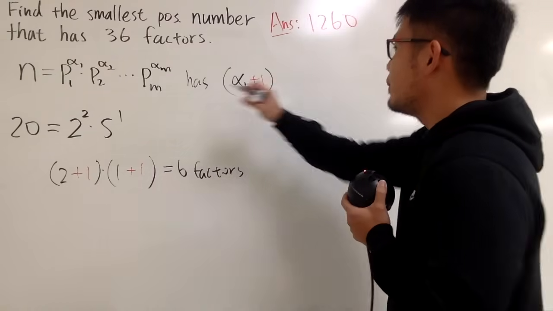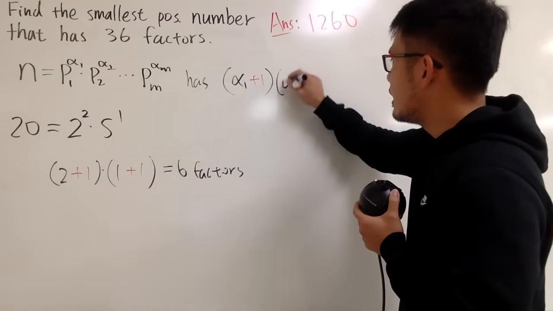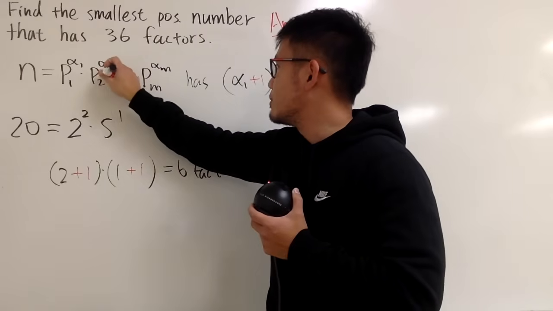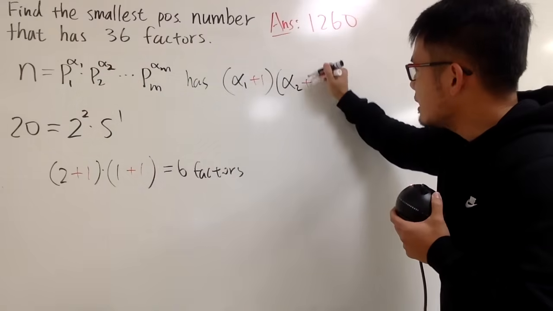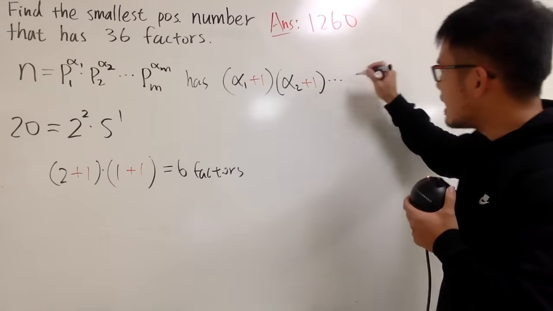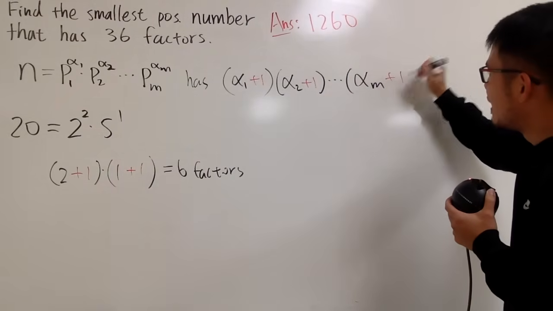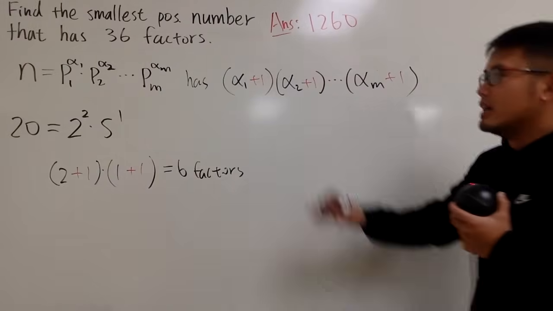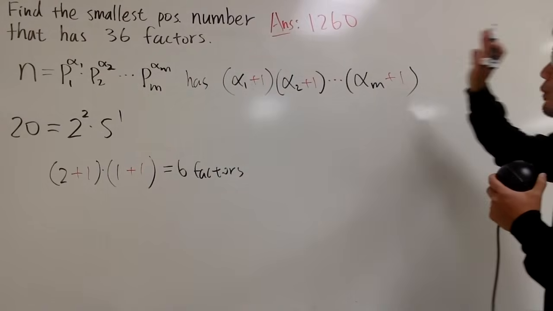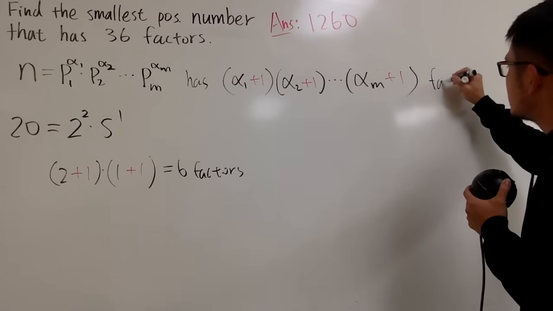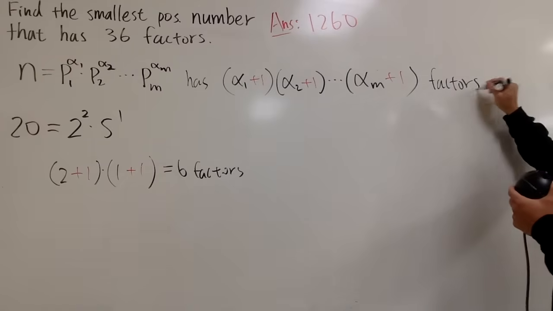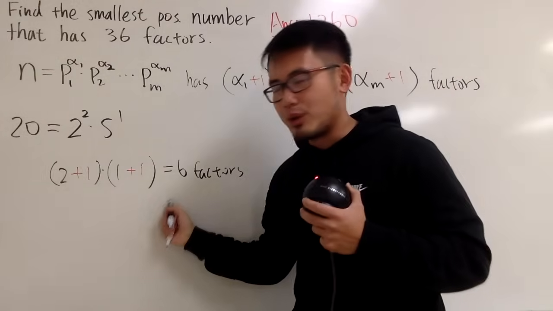And then similarly, we can do the next one, namely alpha 2 plus 1, times dot, dot, dot. Lastly, we have alpha m plus 1, like this. So this is just the formula, and we have this many factors, okay? And that's the idea that I demonstrated right here.